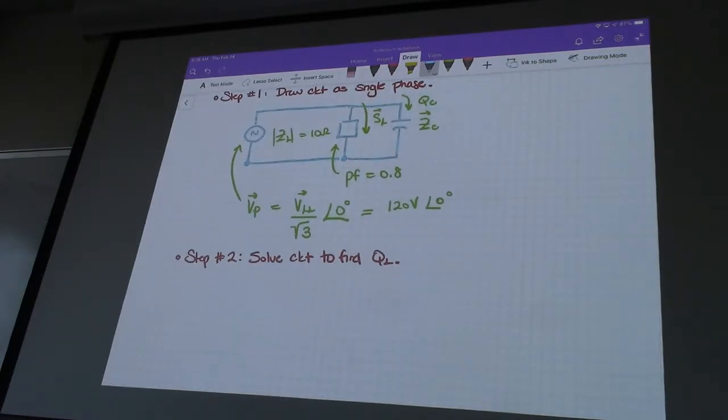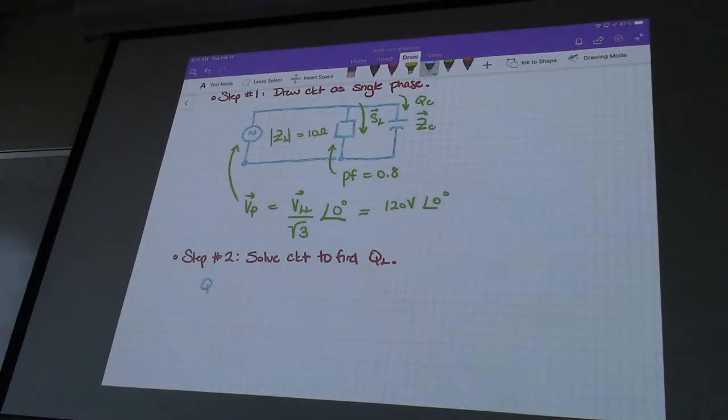So let's start off by writing the equations that we know. We know that QL is going to be equal to the magnitude of SL times the sine of the power factor angle.